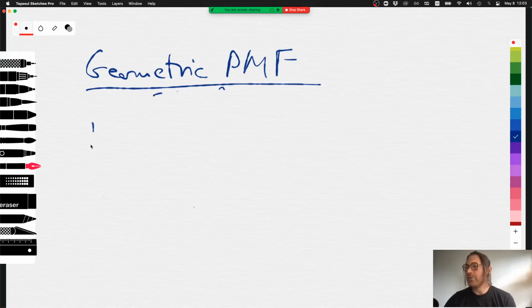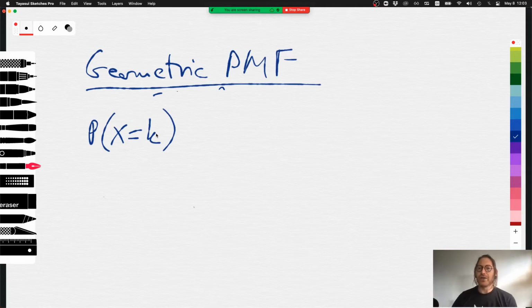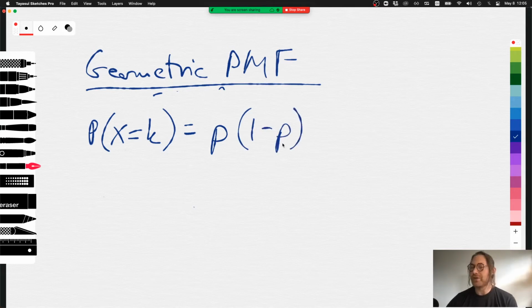So the probability that X is k, and again, k here just means the number of trials up until the first success. So, 4 trials, let's say, what is the probability of 4 trials up to and including the first success? Well, that would be the probability of success multiplied by the complement of the probability of success exponentiated to the number of trials minus 1. So I call this inclusive. That's how I think about it.